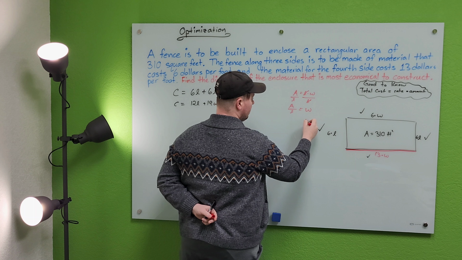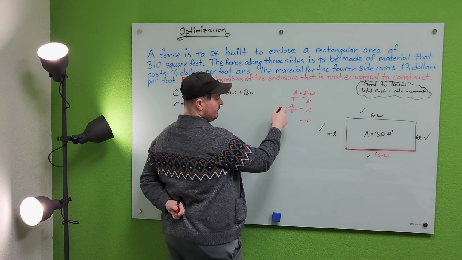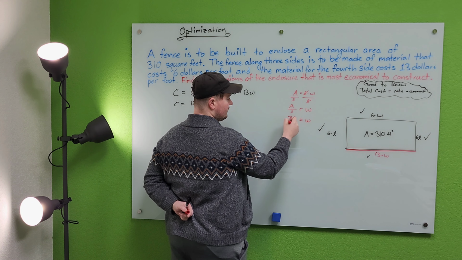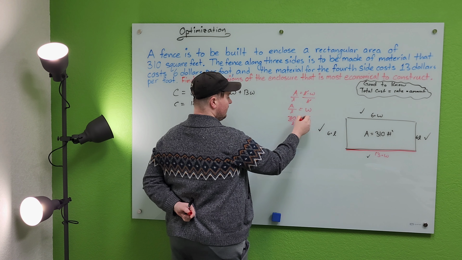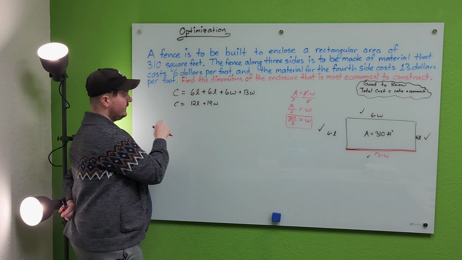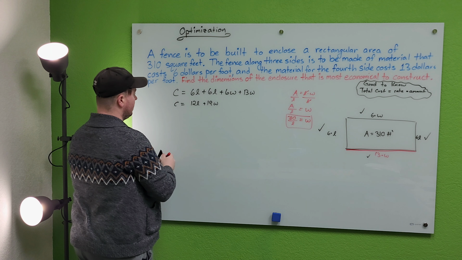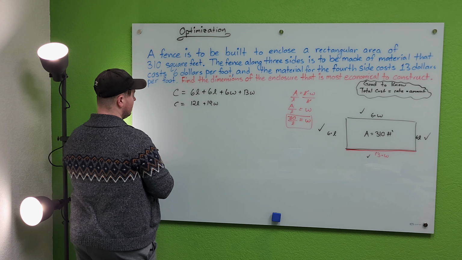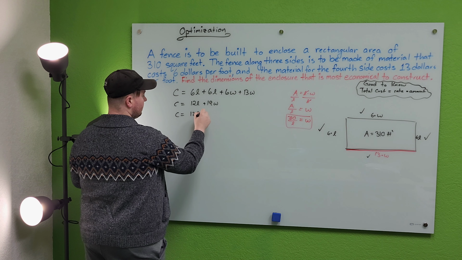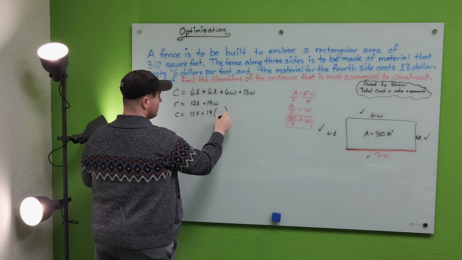One last step before we substitute: the area is actually equal to 310 square feet. This is useful so that we can get a formula for cost that is all in terms of length, but it will also be useful later on, as you will see.